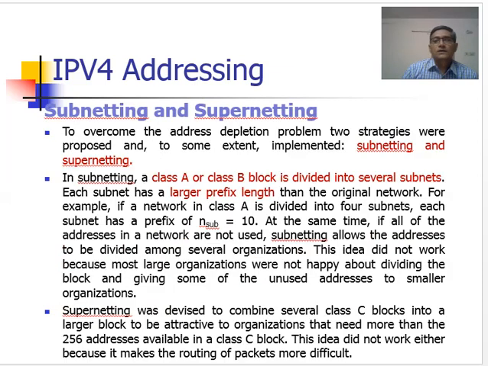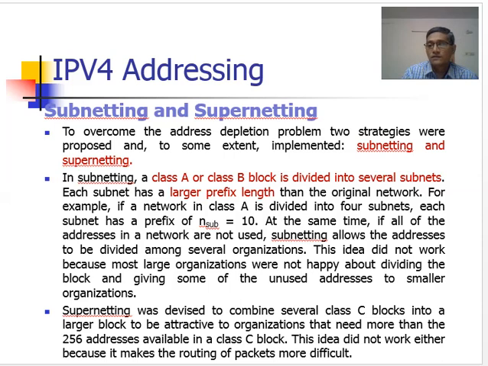Now to overcome the address depletion problem, as I told, the 2 temporary solutions are subnetting and supernetting. In subnetting, class A and class B addresses are divided into blocks, and while dividing, the prefix length is variable. An organization gets several subnets, that is, a particular block of addresses is used for an organization, but the entire block may not be used.